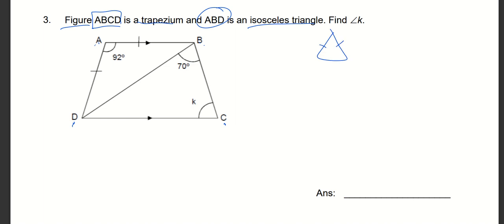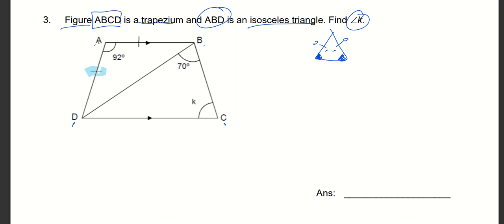So that's the first two clues that I always say. The clue to the answers is always in the question. So we have the first one, the isosceles triangle, and the trapezium.